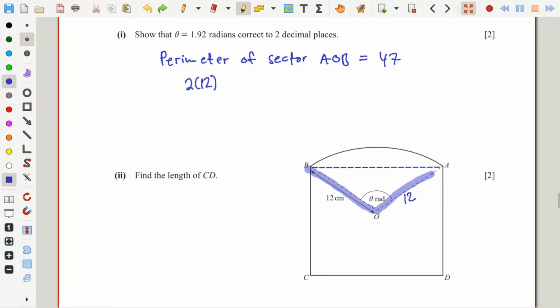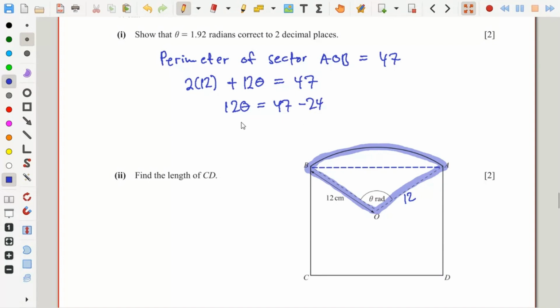This, then I move here. Then the length of your arc. Mind you, the length of your arc is what? rθ. Okay. And what is radius? Your radius is what? 12. So let's solve this one and see. This is 24.